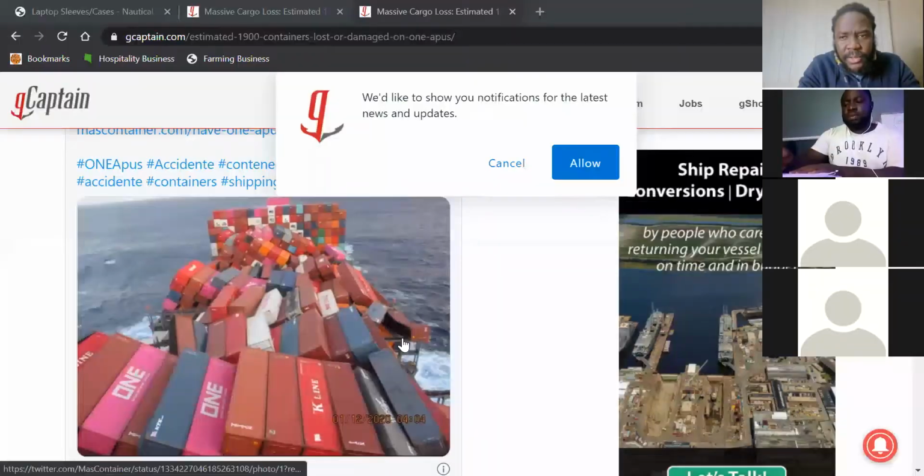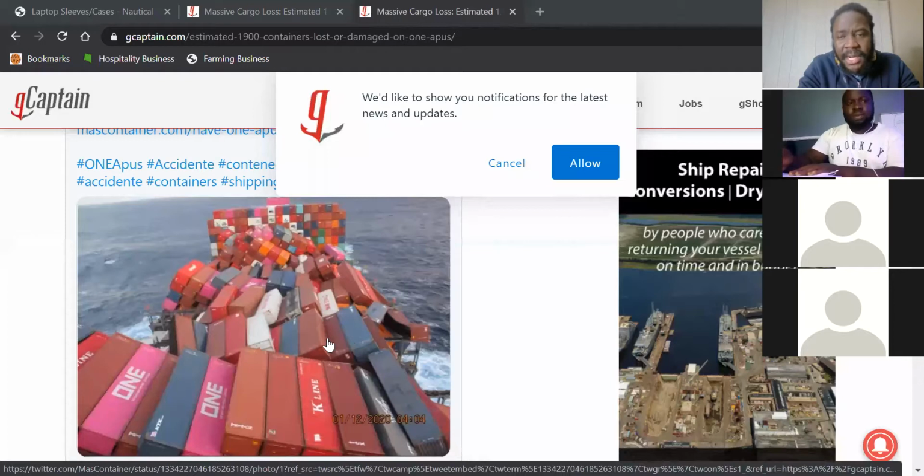So if you look at the shared screen, you see the cargo damage that has happened, and they lost about, recently, that was just about maybe 2 weeks ago, 1,900 containers missing, went overboard. So you can imagine if it's your cargo, the containers, they come, the container no go crash.